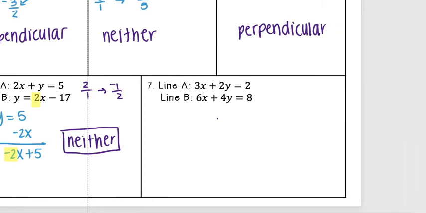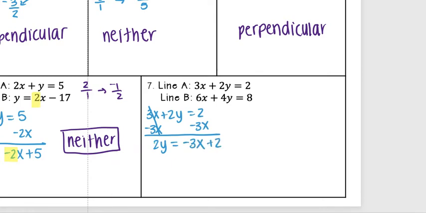Okay, now for this last one, we're going to have to rearrange both of these. Starting with line A, I have 3x plus 2y is equal to 2. First I need to move my 3x to the other side, so I'm going to subtract 3x from both sides. So I have 2y is equal to negative 3x plus 2.